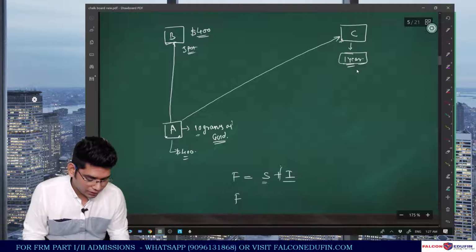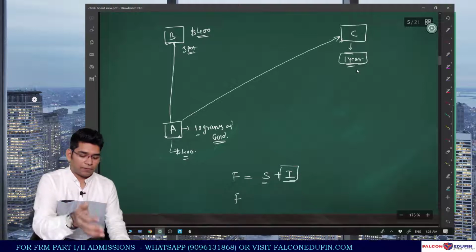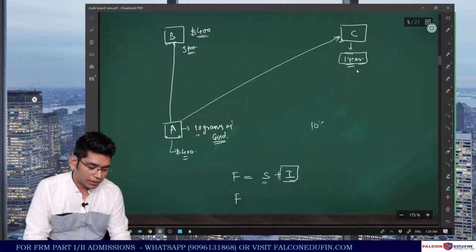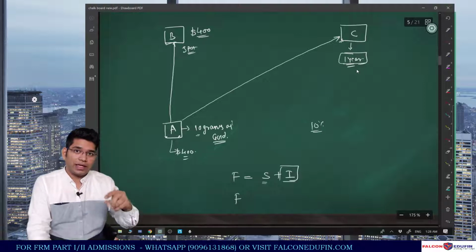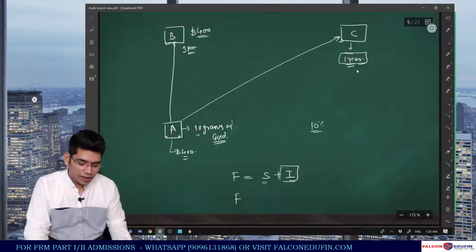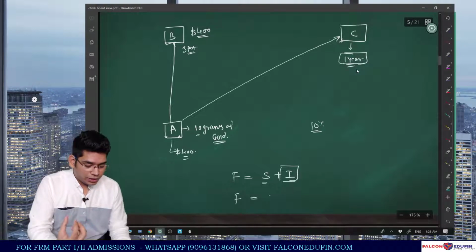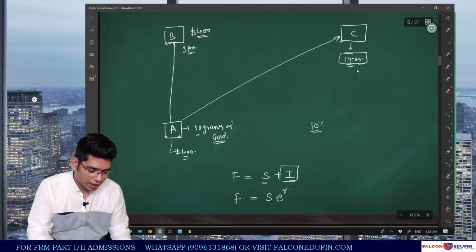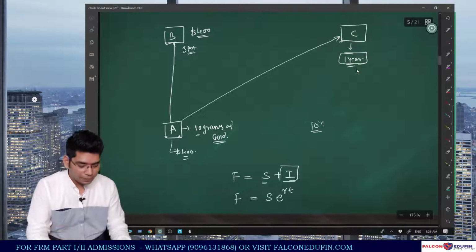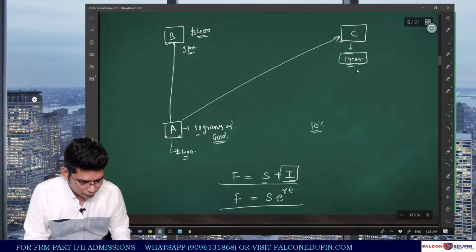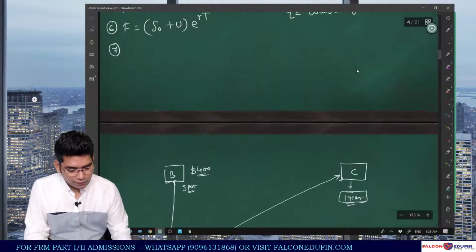If we are adding interest rate here because we are assuming the effective interest rate is 10%. If the same interest rate is quoted in the CC, that is continuously compounded rate, then we will use this formula, obviously, that is S into e to the power R into T, right? This is your first formula.